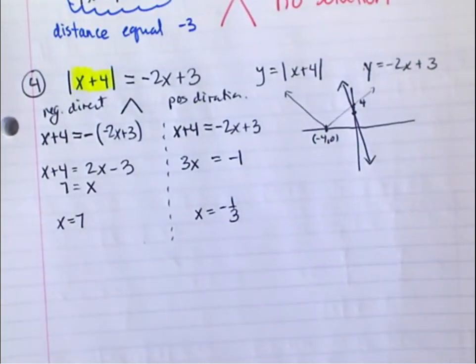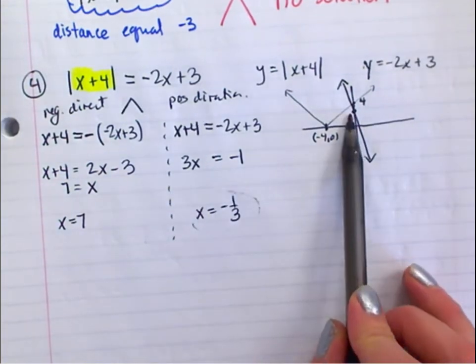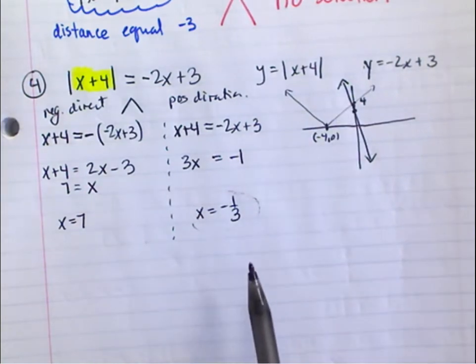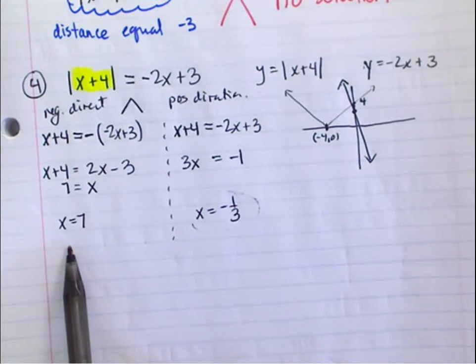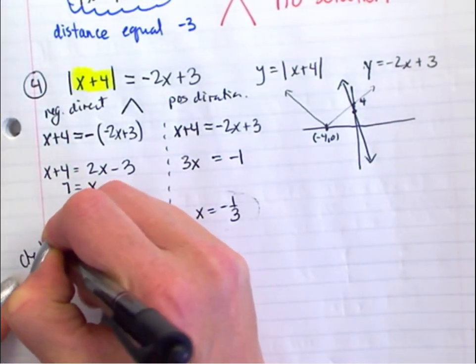But I only see one answer on my graph. I kind of think this is supposed to be the answer. Based on where it appears to be, the x-coordinate right here appears to be minus 1/3 as opposed to 7. But let me check my work.